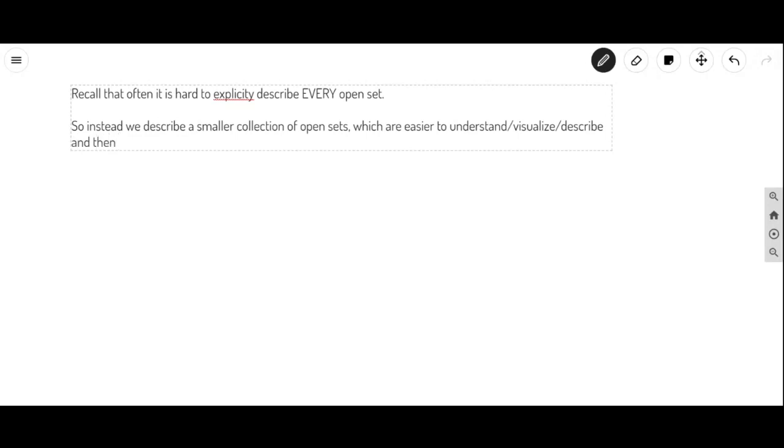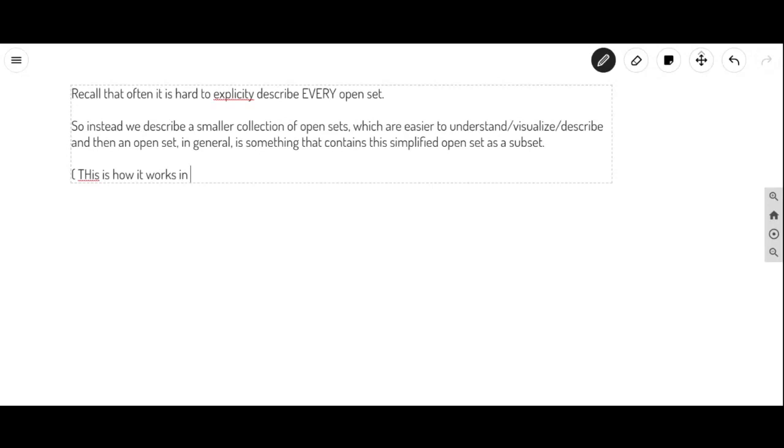And then an open set in general is something that contains this simplified open set as a subset. Okay, so this is how it works in metric spaces. In a metric space, we define an open disk, and then we say a set is open if and only if at every point you can find an open disk that contains that point and sits inside your set.